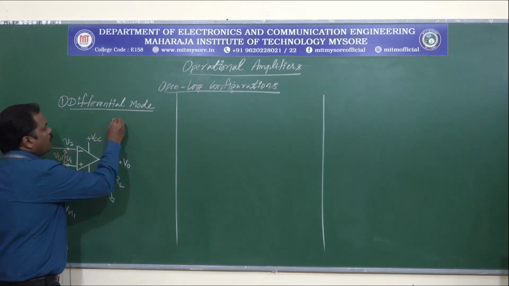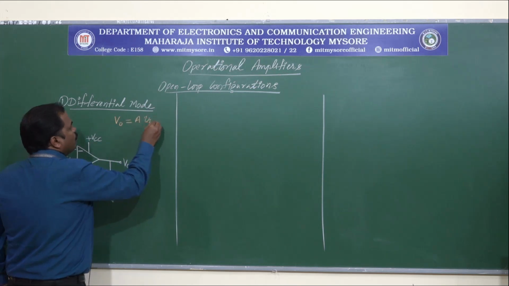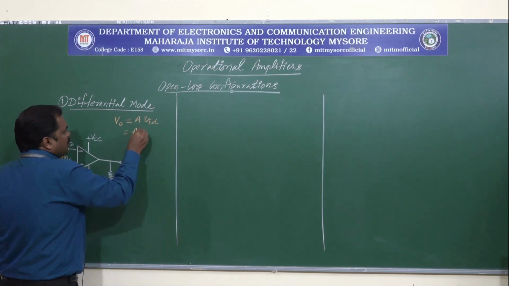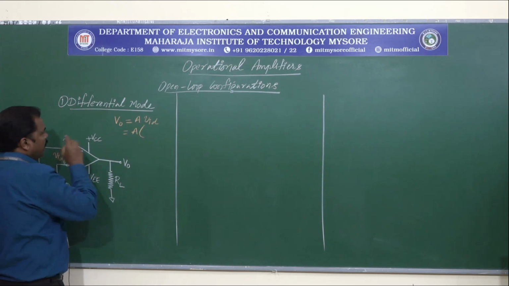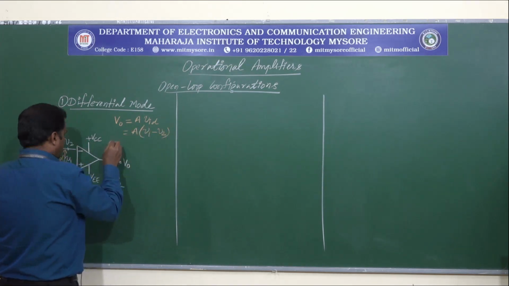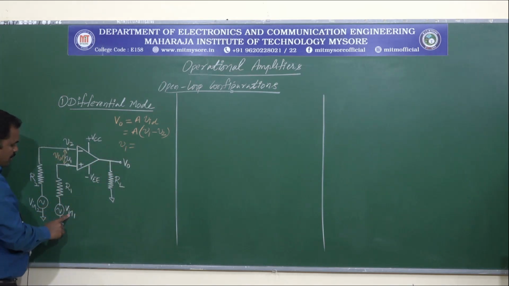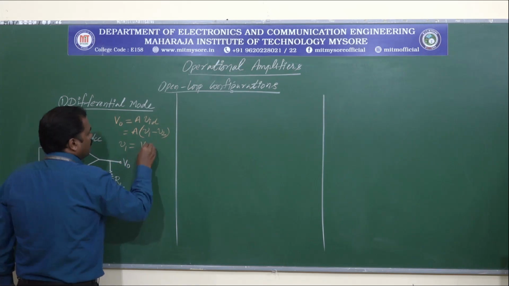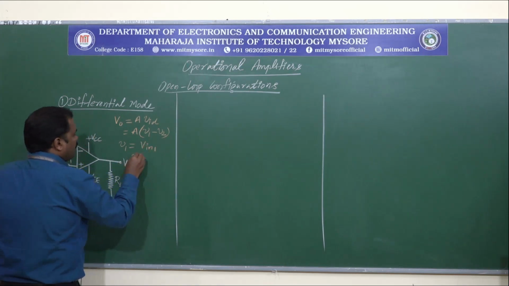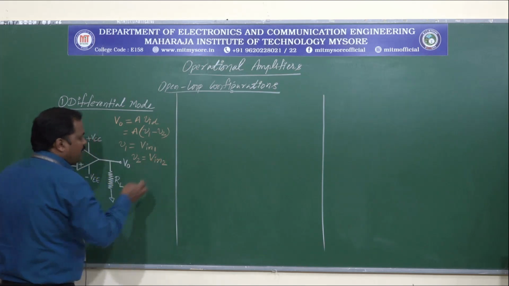And the output voltage V0 is given by A into VID, which means A into V1 minus V2. And here we know V1 is connected to input signal Vin1 and V2 is connected to Vin2.